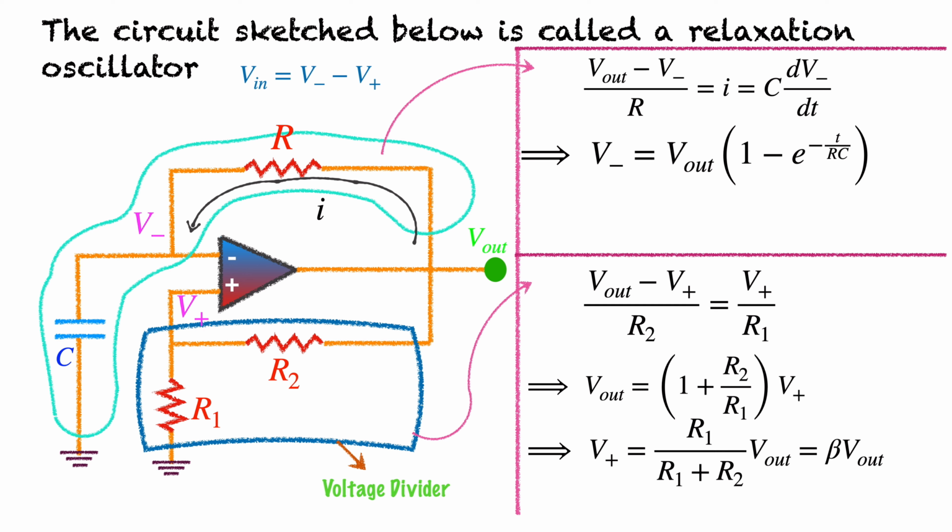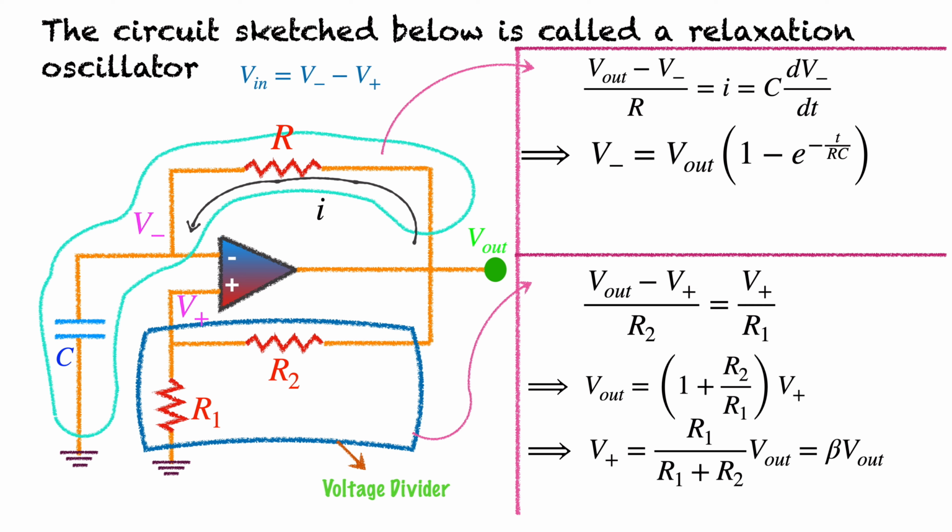So what's going on here? When the voltage across the capacitor tries to get to the maximum value of V output, it will hit a point where the voltage will be beta V output, and in that scenario the voltage at the inverting terminal will become greater than the voltage at the non-inverting terminal, and that's why the output voltage flips its sign.